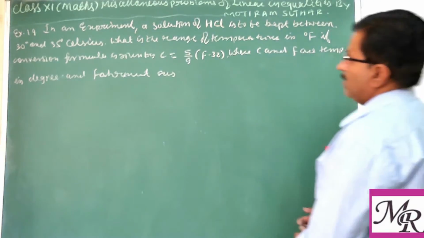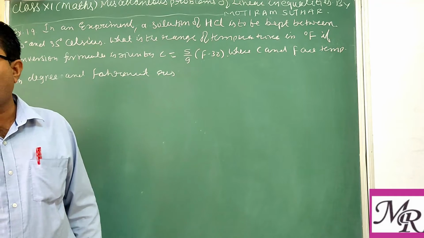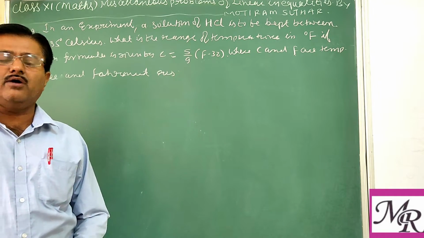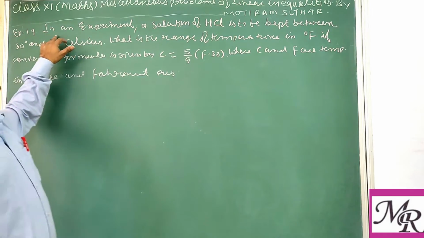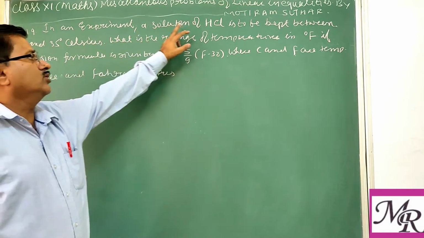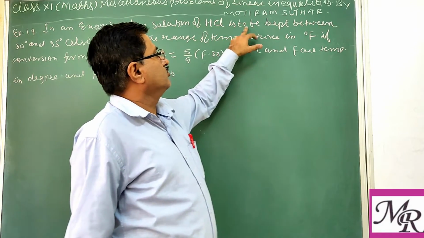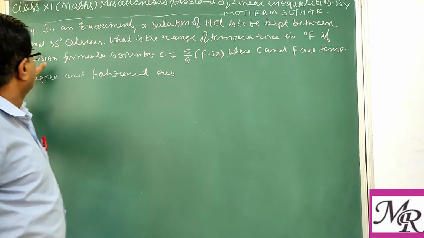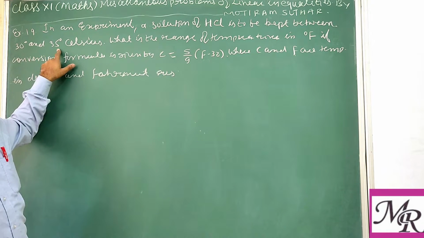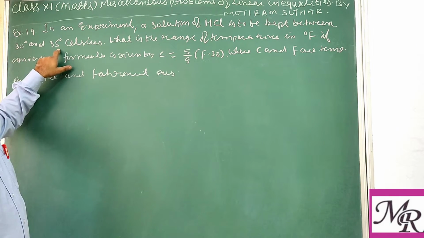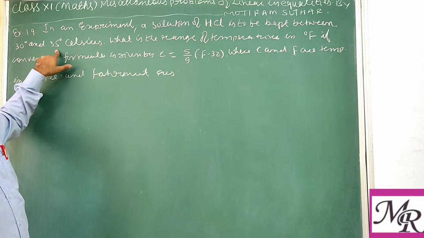So this problem is related to the application of inequality in the field of chemistry. How we can use it in chemistry, as you know that in an experiment a solution of hydrochloric acid, that is HCl, is to be kept between 30 degree and 35 degree. This is the range of temperature at which the solution can be kept in the laboratory.